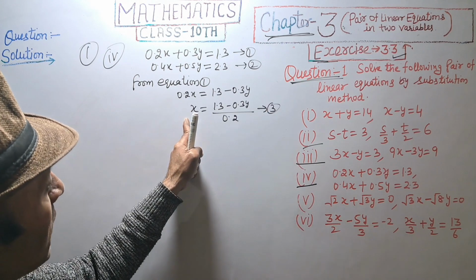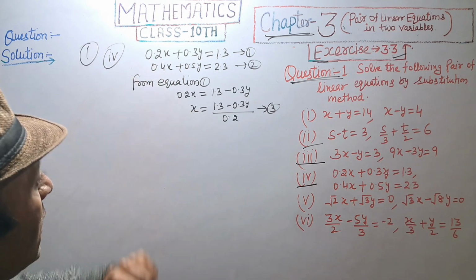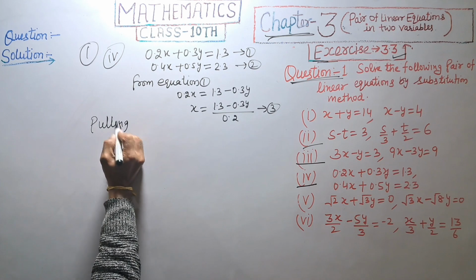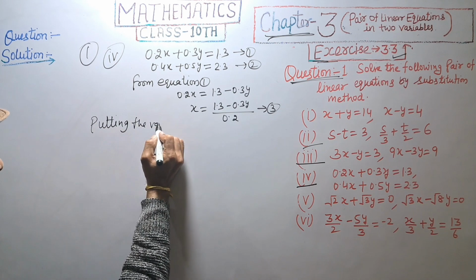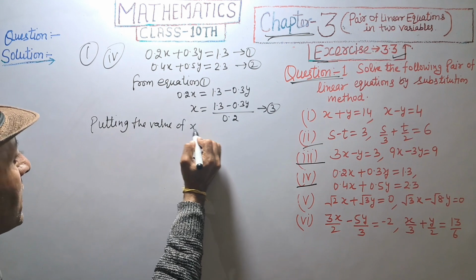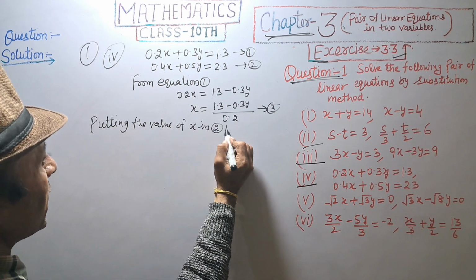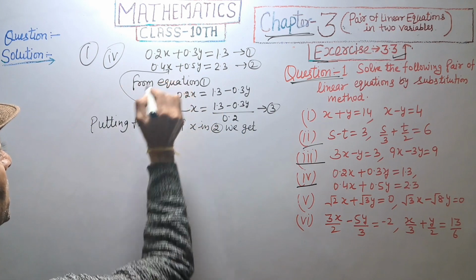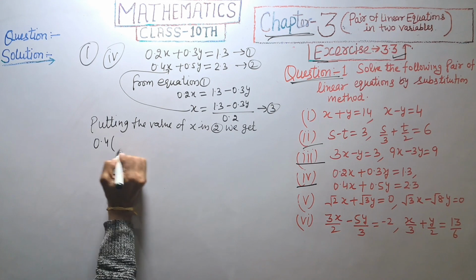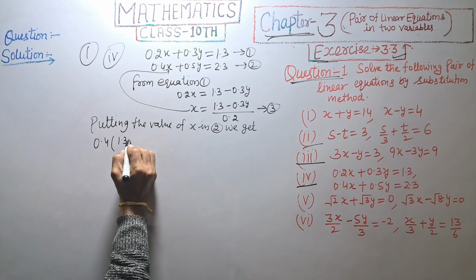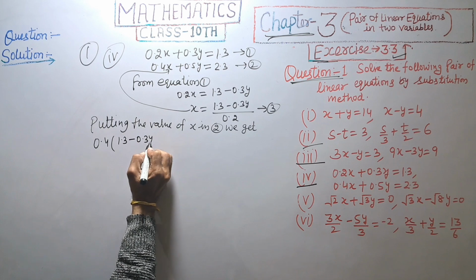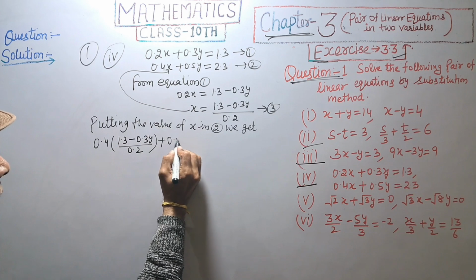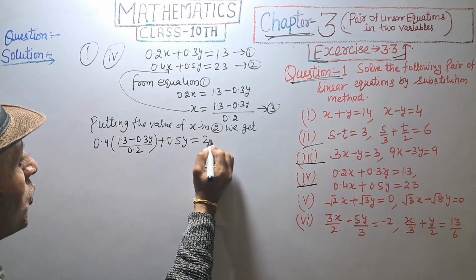Putting the value of x in equation number second, we are putting in this equation 0.4 into (1.3 minus 0.3y) divided by 0.2 plus 0.5y is equal to 2.3.